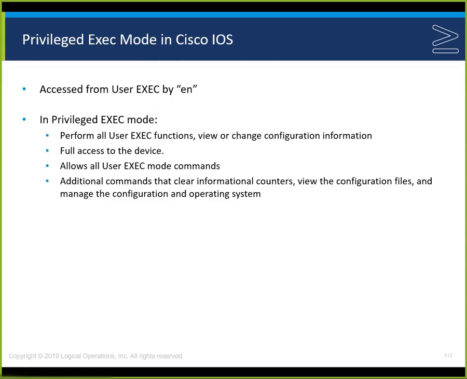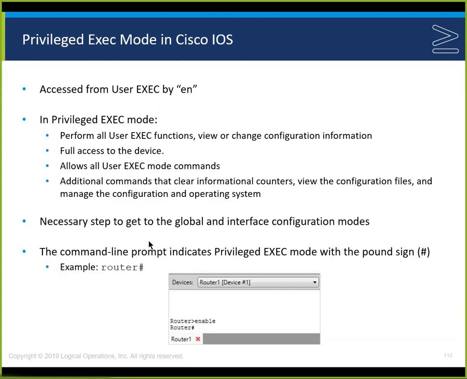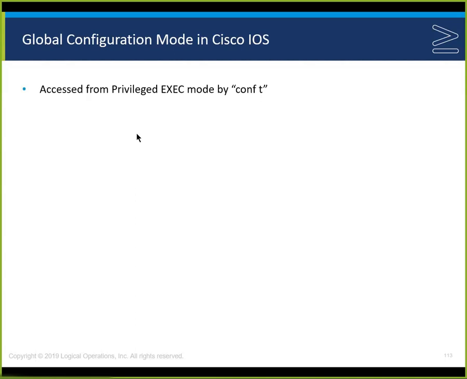The tab, the question mark, all of those things are available. And when you're doing labs, you'll have a whole lot fewer typos if you use the command completion with the tab key to go from one to the other. Additional commands here, necessary step to the global and the interface configuration modes. So we do the enable command. The pound sign is what represents the privilege exec mode.